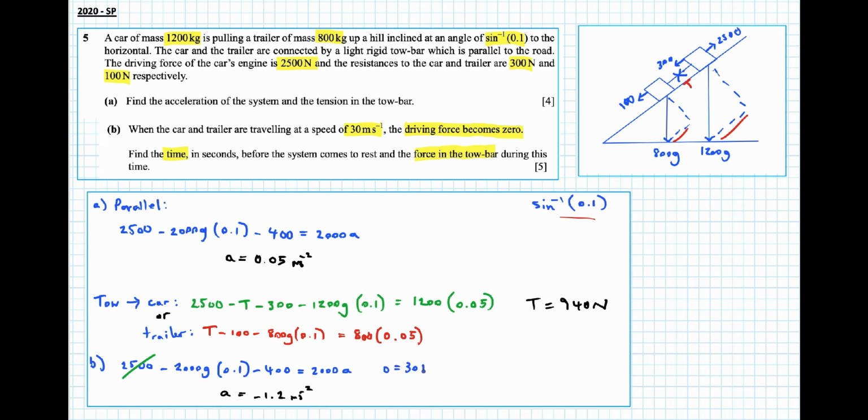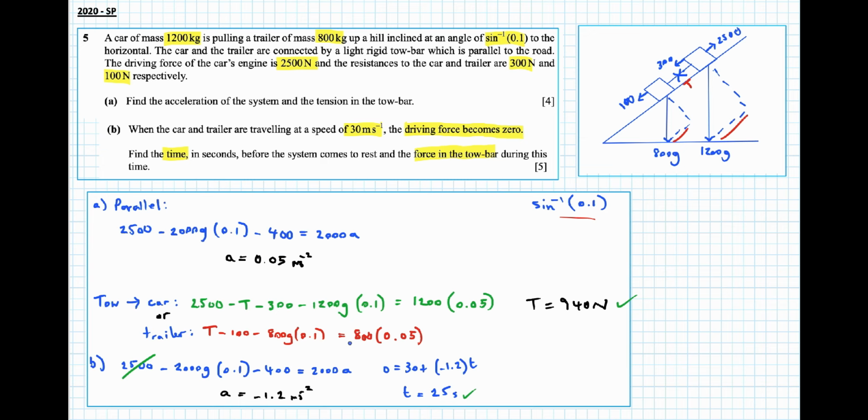And I think we'll use v equals u plus at. So 0 equals 30 plus minus, you can just say minus 1.2 t, and you'll get a time of 25 seconds. So we found the time there for the system when it comes to rest. And now the force on the tow bar, we'll fit it in here at the bottom maybe, on the right hand side.